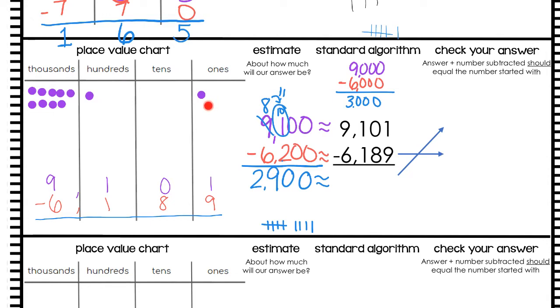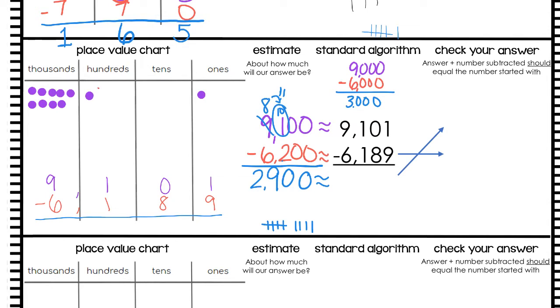Let's begin in the ones. 1 minus 9, well, I definitely cannot take away 9 from here. So then I look at the tens. Can I regroup from the tens? No, there's nothing here, so I can't regroup from the tens. I have to come to the hundreds. Can I regroup in the hundreds?